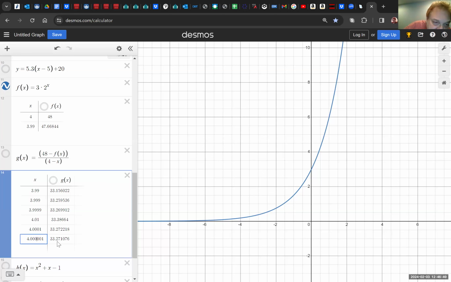So it looks like it's close to 33.27 or something like that. Again, it's not exactly clear what the exact number is just by using data to approximate that. So that's why we need the calculus formulas, so we can find these instantaneous rates of change more precisely. But we certainly know it's right around, let's say, 33.3, something like that.